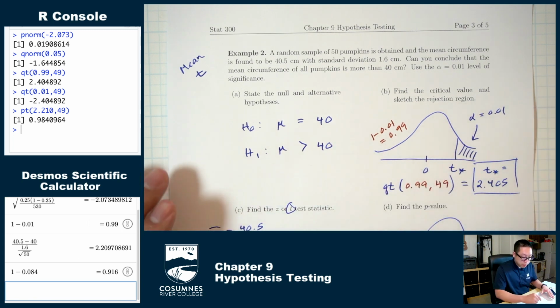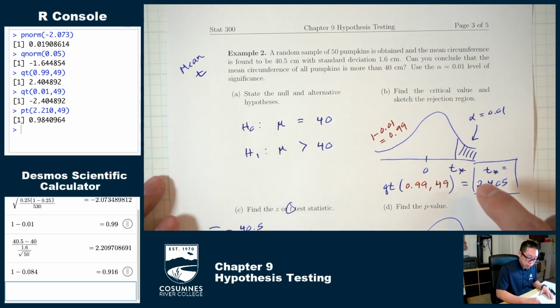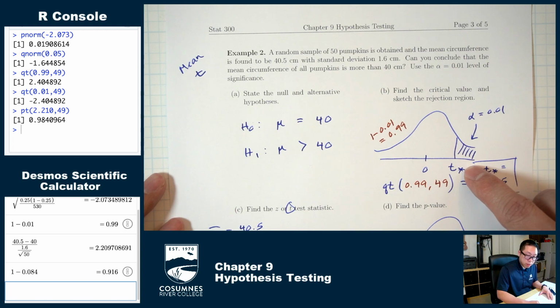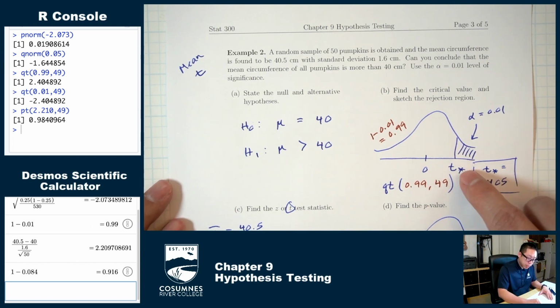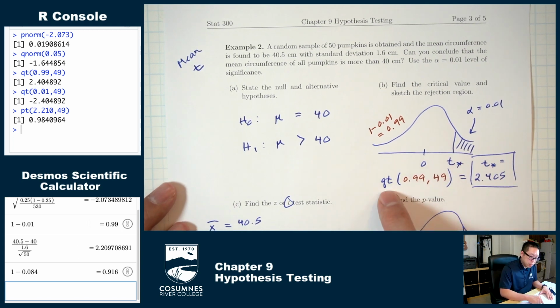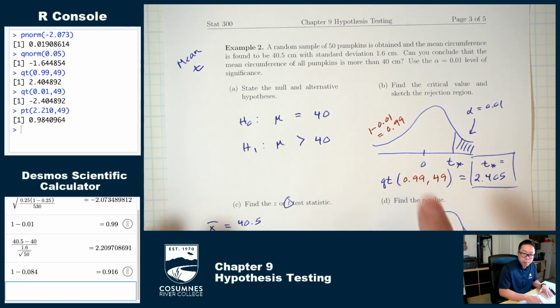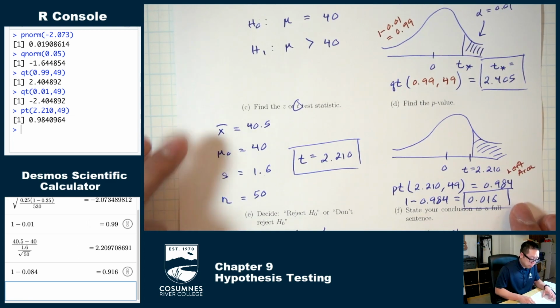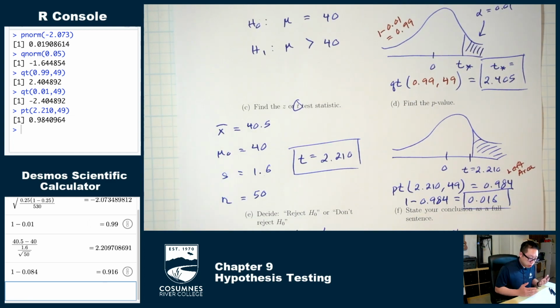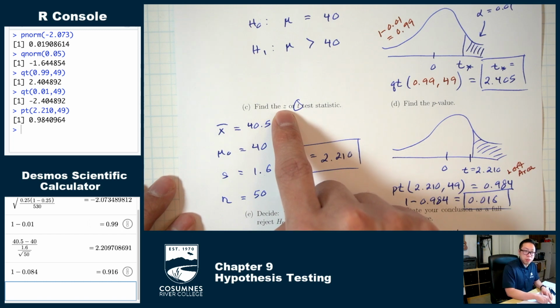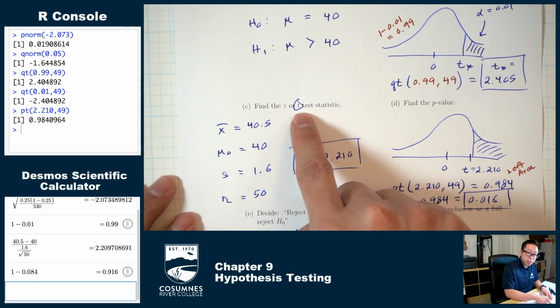In part B, because we're talking about proportions, you'll be finding a z star instead of a t star. And because you're talking about z stars, instead of qt, you'll be doing qnorm. And qnorm, remember, doesn't have a df, so it'll just be qnorm 0.99. In part C, in the proportion question, you'll be finding z, so you'll be using the z formula instead of the t formula.